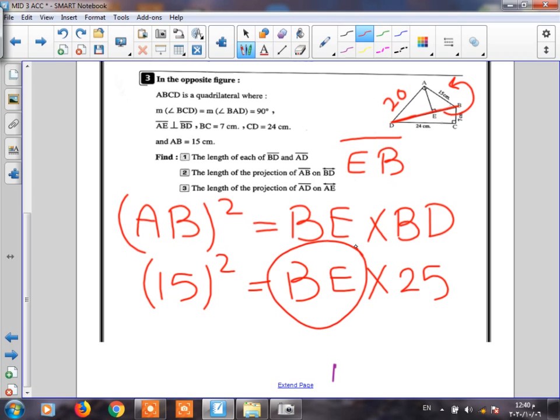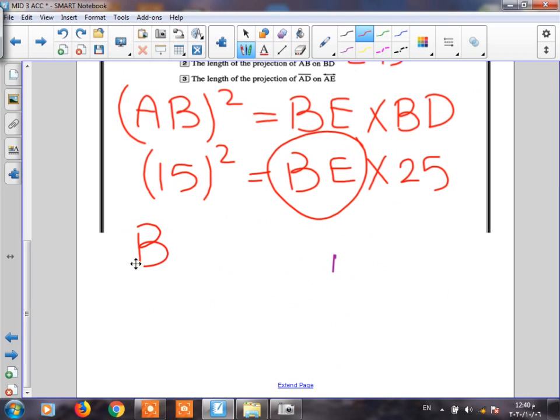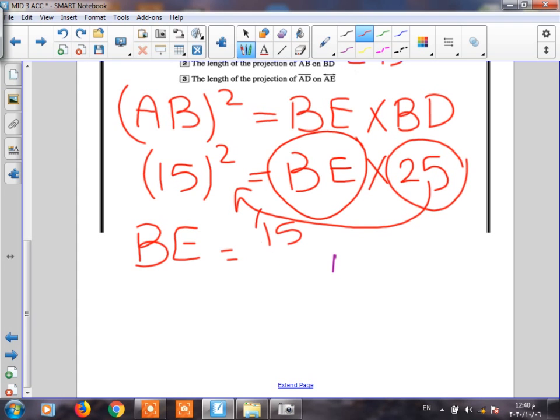So I can solve the equation and easily get BE. How can I get BE now? I will move this to the other side by dividing. So it will be 15 power 2 divided by 25.